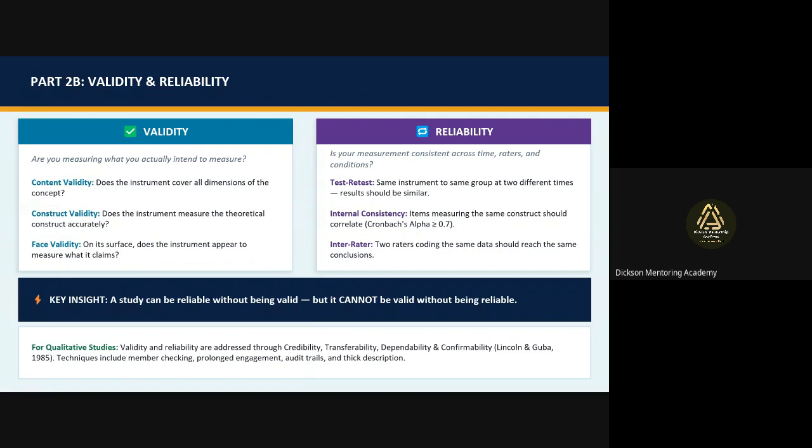Validity and reliability. Validity asks, are you measuring the right thing? Are you measuring what you actually intend to measure?